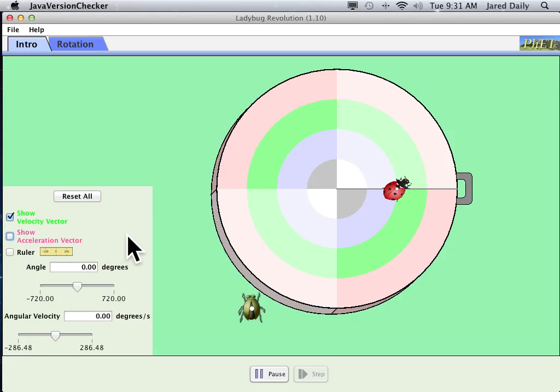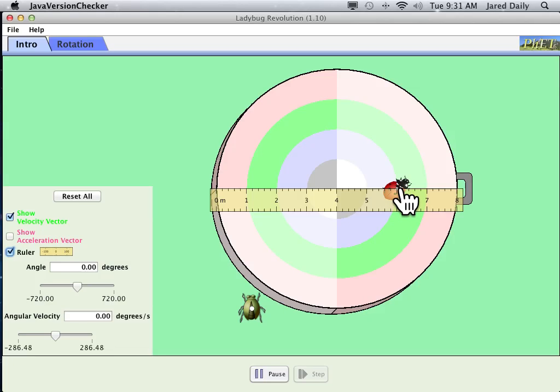We're not going to show our acceleration vector yet. But the velocity vector, we're going to put a ruler on here, and we're going to turn this thing with an angular velocity. Right now it's at 0 degrees. 0 degrees is usually going to be on the x-axis, okay?